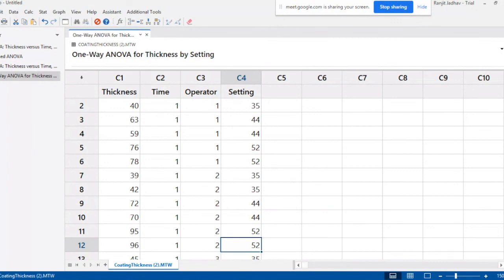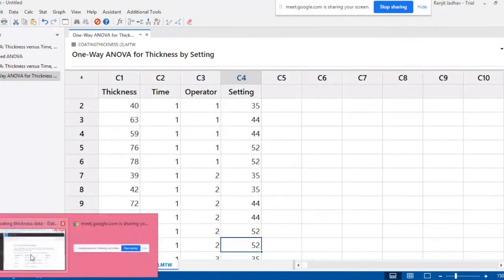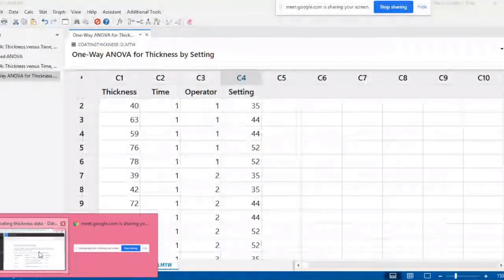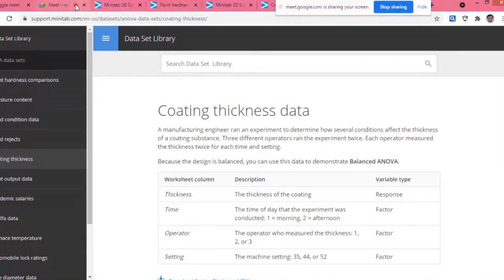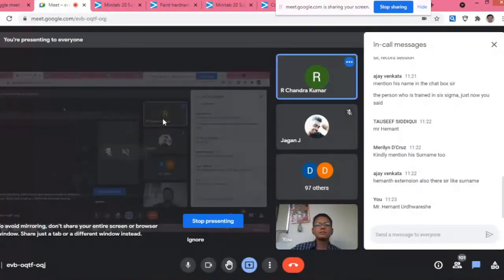Sir, can you suggest any other open source software? Minitab has all the features, but can you suggest any more tools? What I can do is ask Sanmeet.